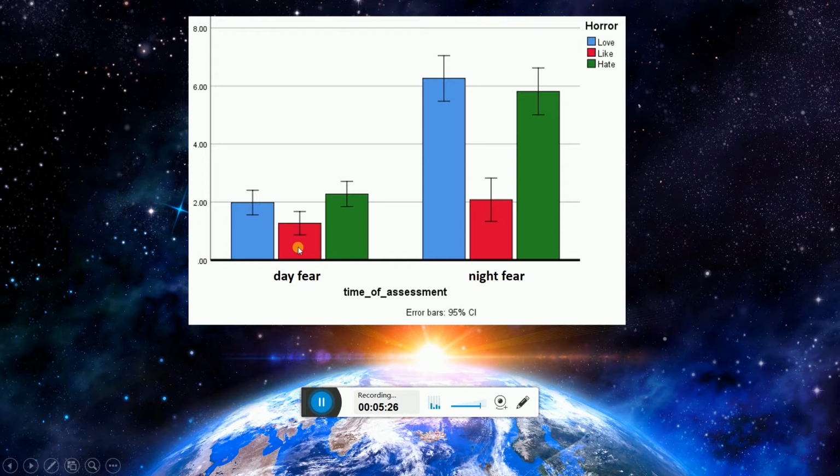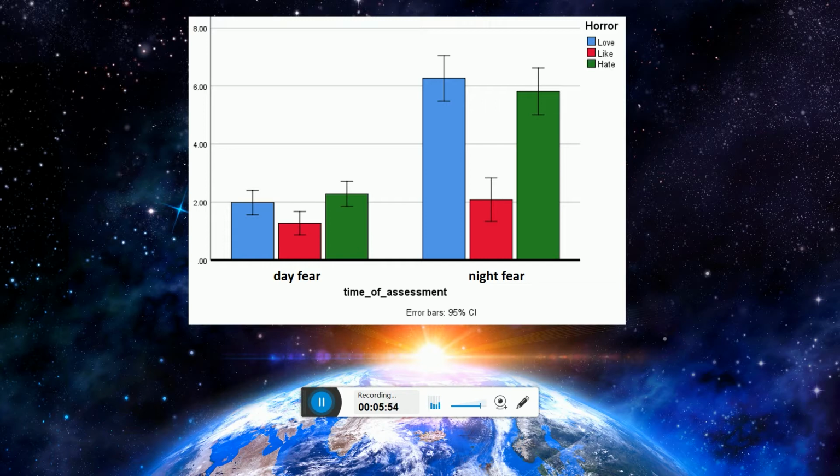And then similarly, we could compare the hate group. So we could look at their fear scores during the day and compare it to their fear scores during the night. Both sets of tests of simple main effects are fine. You could use one or the other. Sometimes people will do both just so they have a complete understanding of the interaction effect. Good news, we're going to do both.